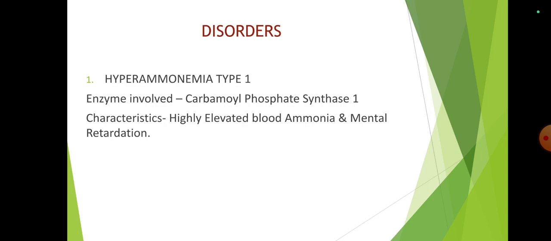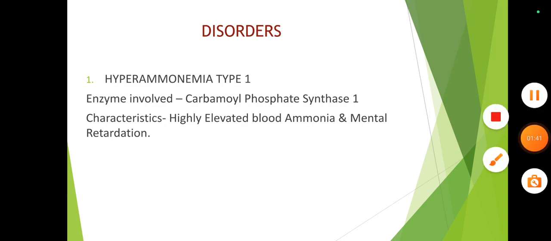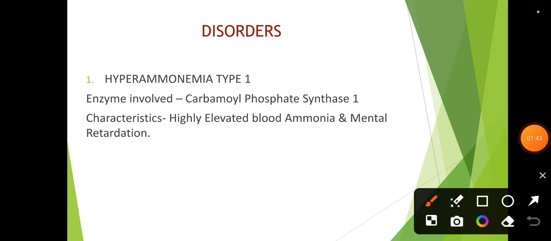Disorders. First disorder is hyperammonemia type 1. In this disease the deficient enzyme is carbamyl phosphate synthase 1. What is the function of carbamyl phosphate synthase 1? CPS1 catalyzes the condensation of CO2 plus ammonium ion to form carbamyl phosphate.